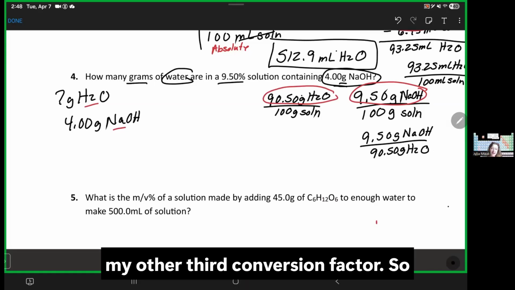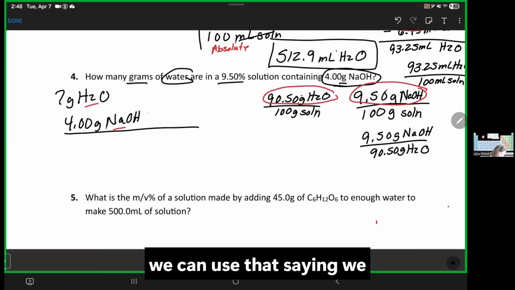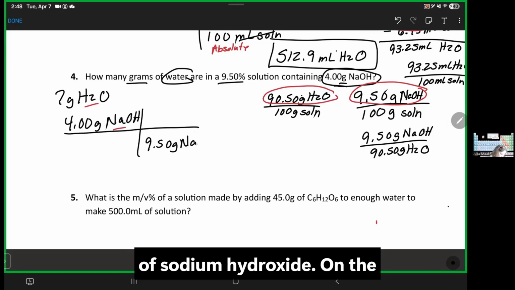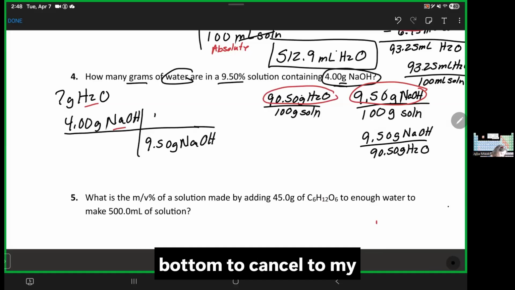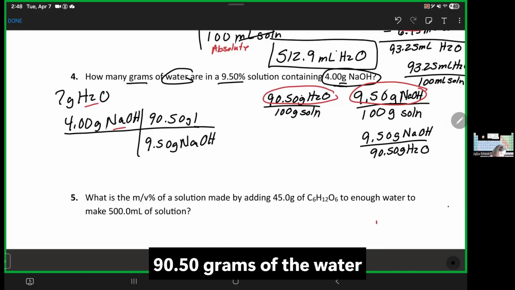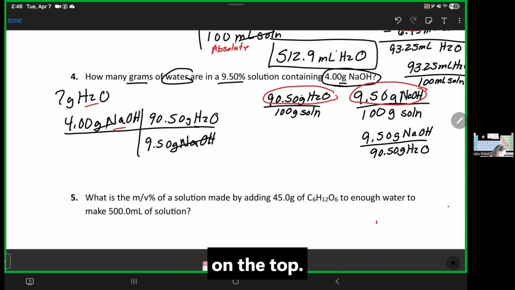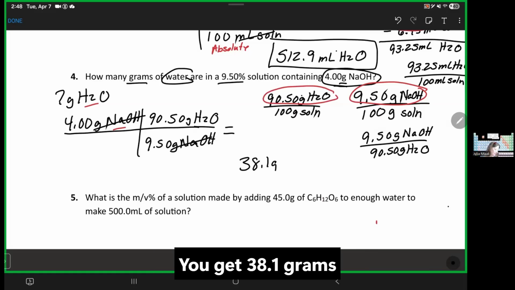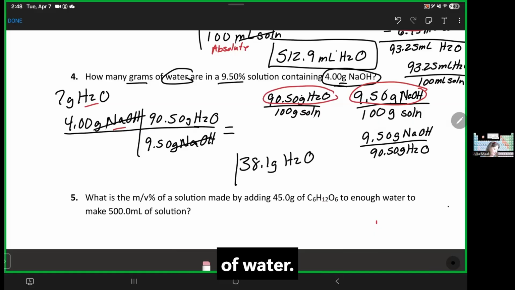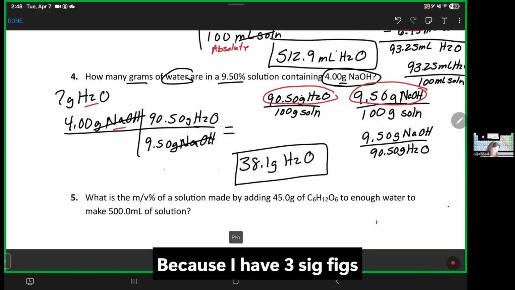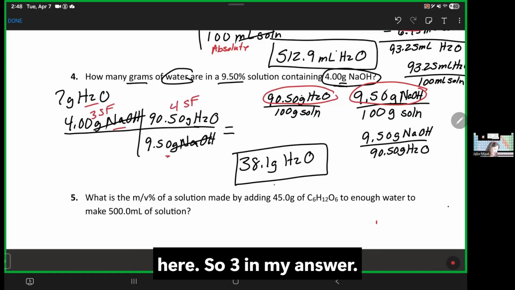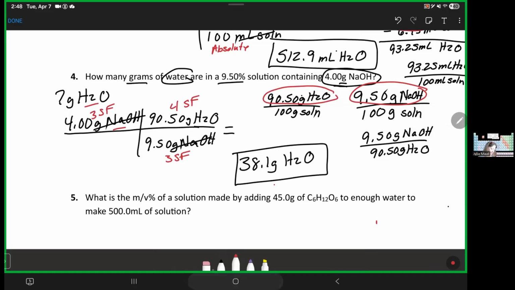There's my third conversion factor. So we can use that, saying we know that there are 9.50 grams of sodium hydroxide on the bottom to cancel to my 90.50 grams of the water on the top. And if you do that math, you get 38.1 grams of water. Okay, because I had 3 sig figs here, and 4 here, and 3 here, so 3 in my answer.